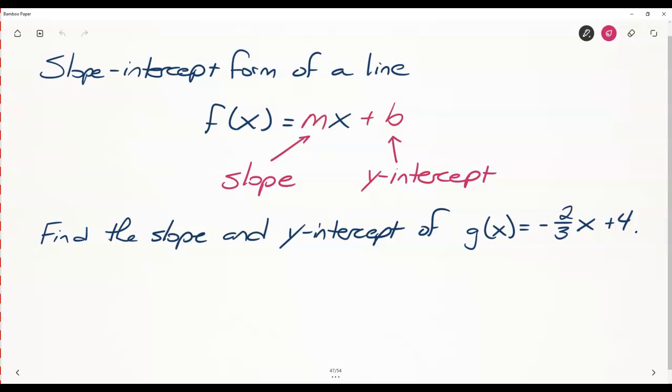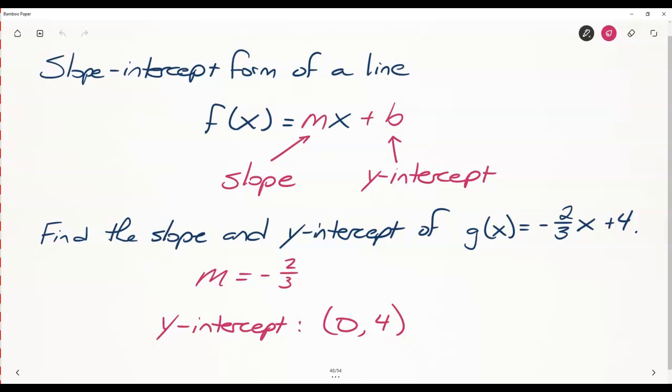So here's a function, g of x equals negative 2/3 x plus 4. What I want to know is what is its slope and its y-intercept. This is one of the cases where, so long as you know what the numbers represent, there's no calculation for you to do. Once we pull the numbers out and put them in the right places, the slope is whatever the coefficient of x is.